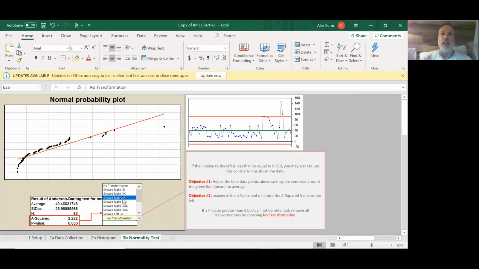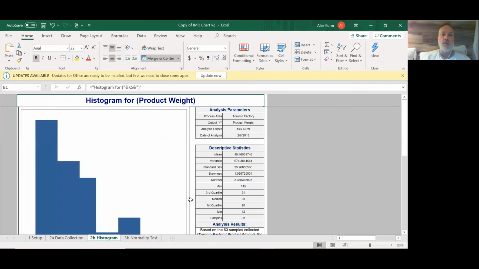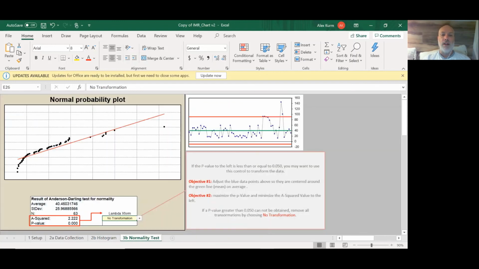That might be a little bit out of the scope of what I want this video to cover, but what's helpful is you can plot your data nicely on an ImR control chart. You can see your mean and your upper and lower control limits to see if your process is stable. And then you can look at what the distribution looks like on a histogram. And finally, is my data normally distributed or not?